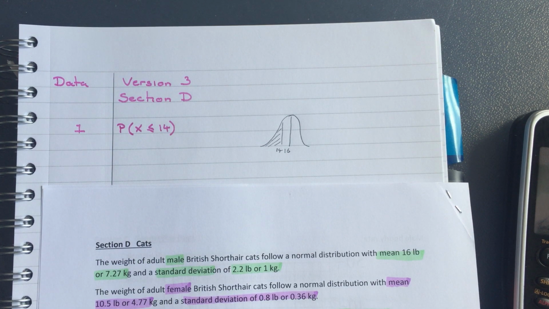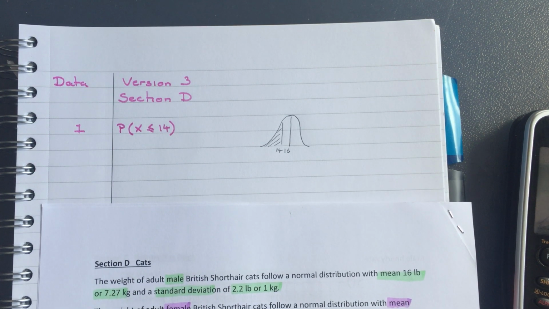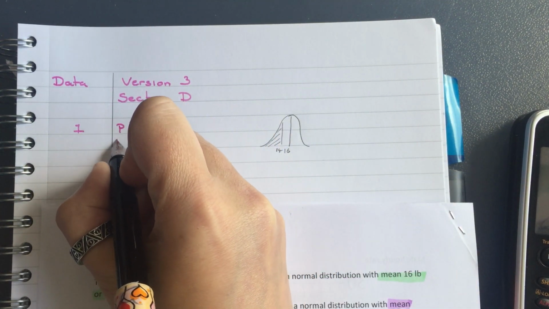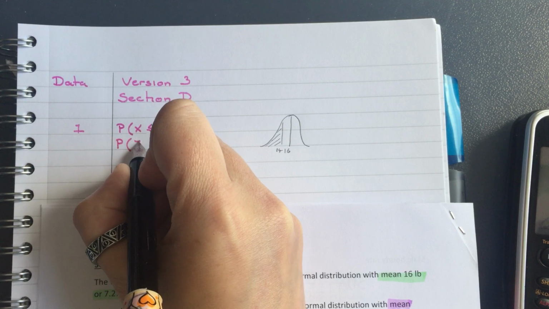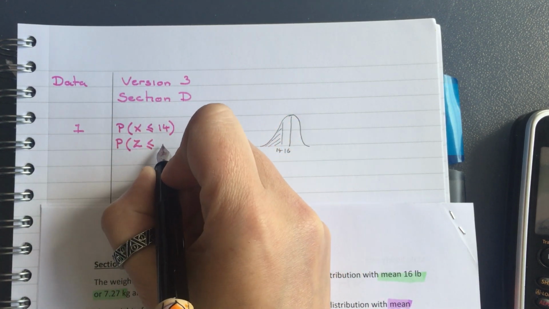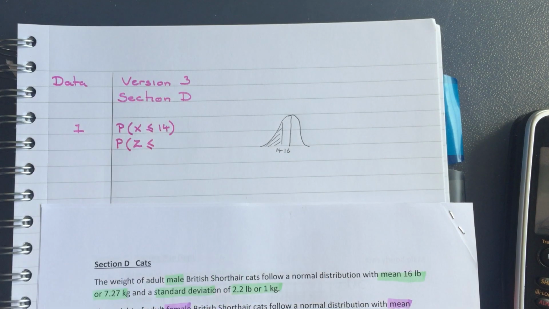First off, we're going to have to calculate our Z value. So we've got the probability that Z is less than or equal to, and this is where our calculation comes in.